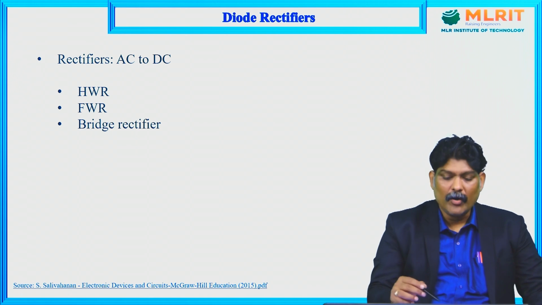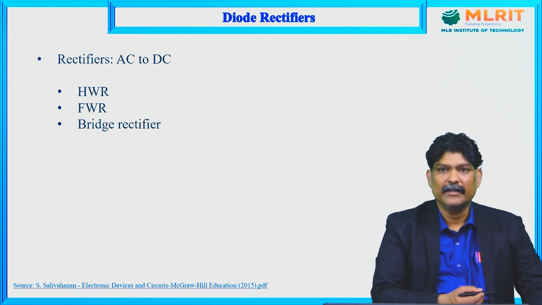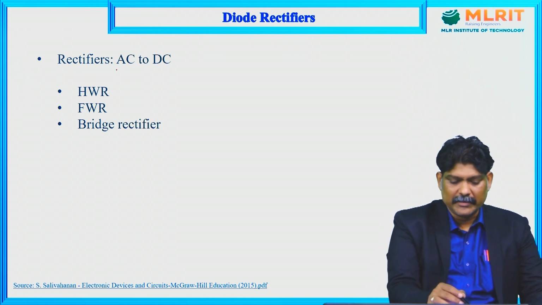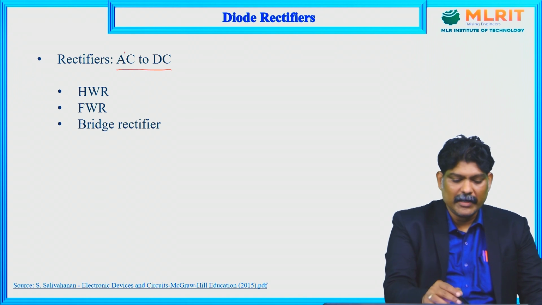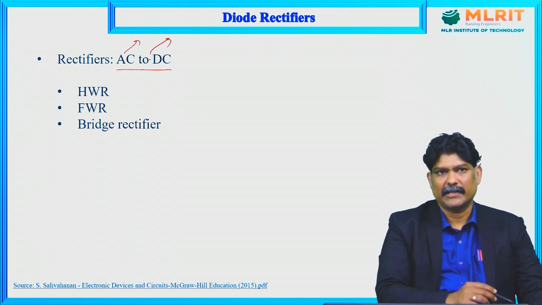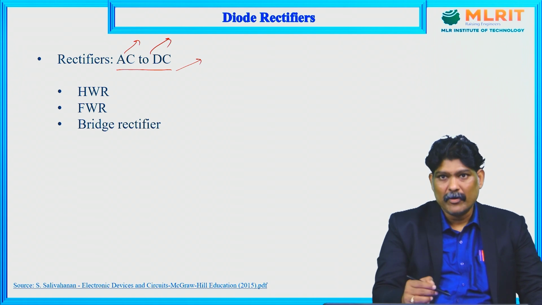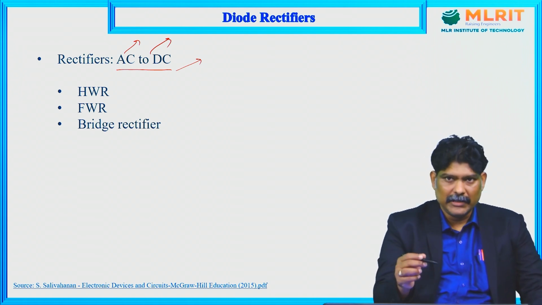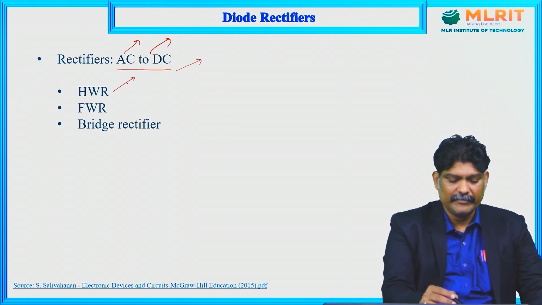Now, how can we utilize a diode as a rectifier in the power supply? A rectifier is nothing but a circuit that converts alternating current into direct current. Based on the number of diodes utilized in the circuit, rectifiers are divided into three categories: half wave rectifier, full wave rectifier, and bridge rectifier.